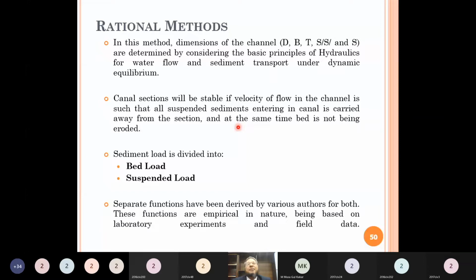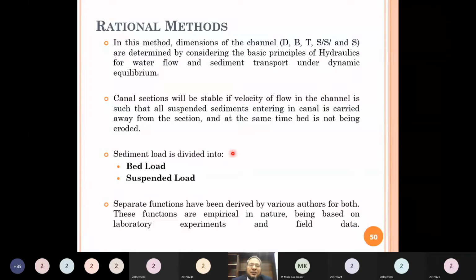Yes, you can say sedimentation as well. Sedimentation or silting is the same thing. The sediments may deposit on the bed of the channel, whereas the scouring is another. The main challenge in the design of alluvial channels.